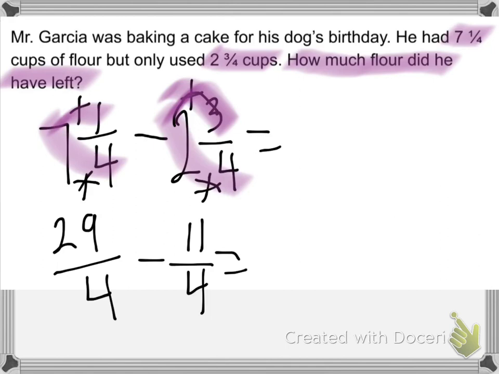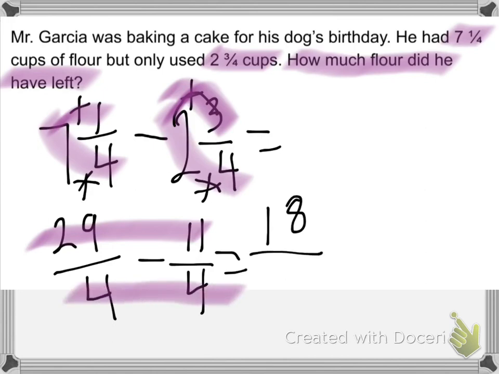fourths. Now I can subtract 29 minus 11 equals 18 over 4. If you want to leave it like that, you can, or you can simplify it. It's up to you. 4 can go into 18 4 times.